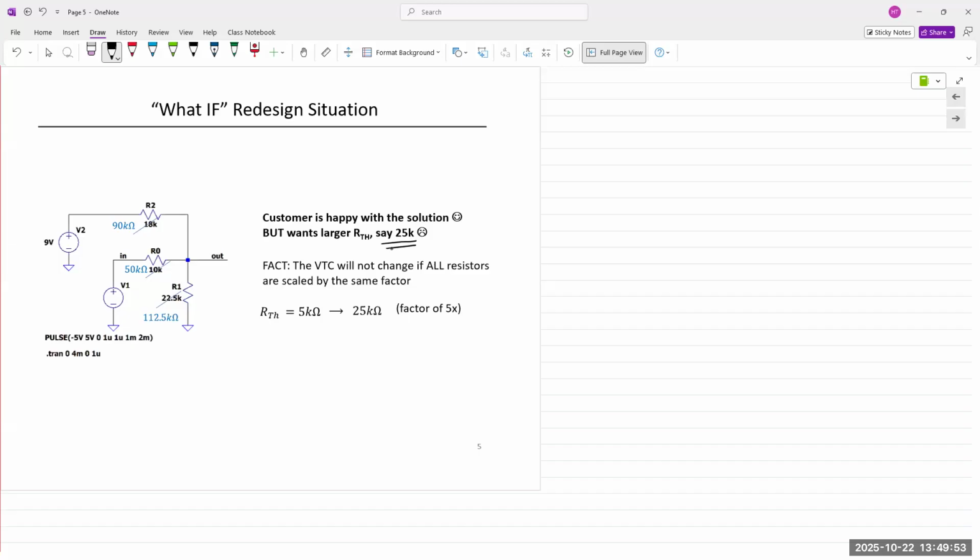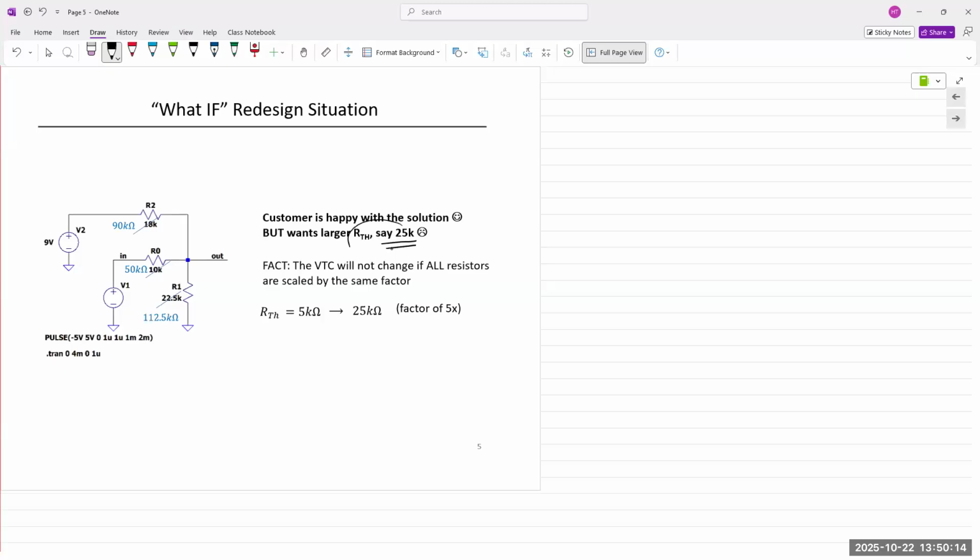So now the customer comes back and says, redesign this for low current power applications. That means high resistance. High resistance, V equals IR. V is not changing. It's still 5 volts. I is changing, so R must change. And because it's a linear relationship, you can scale it up.